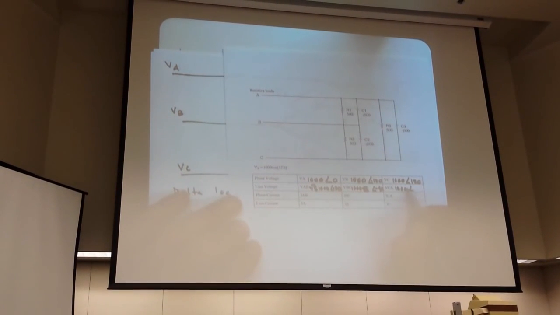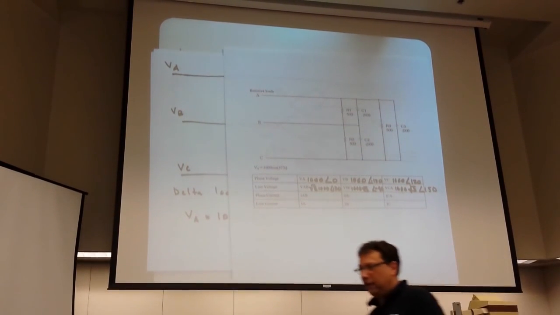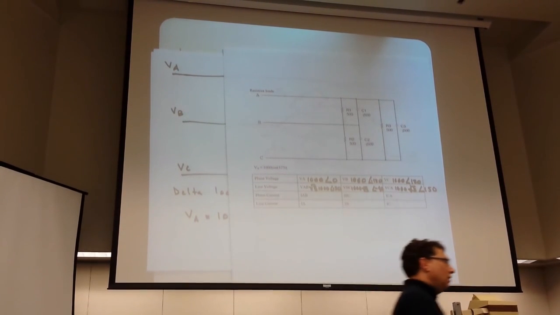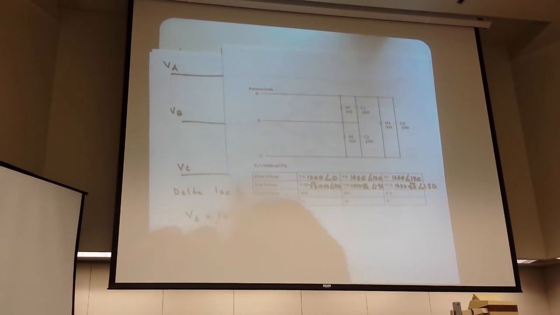If you're having reading issues, let me know. So that's VA, VB, VC, and VAB, VBC, VCA. So we have our phase voltages and our line voltages.